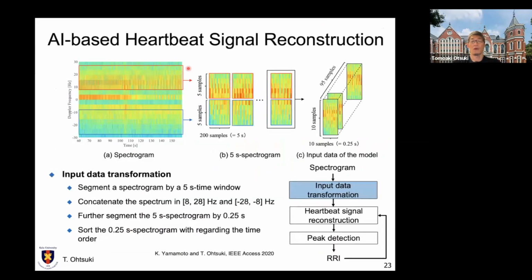Like the previous one, we exploit the spectrum, and then, in order to exploit the very powerful ability of deep learning, we segmented this image into several segments, then concatenated them and put them into the deep learning model to reconstruct the signal and try to detect the accurate peak.